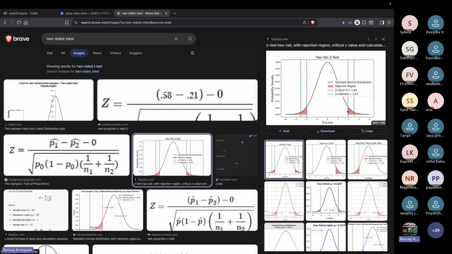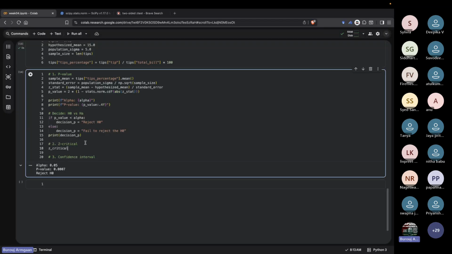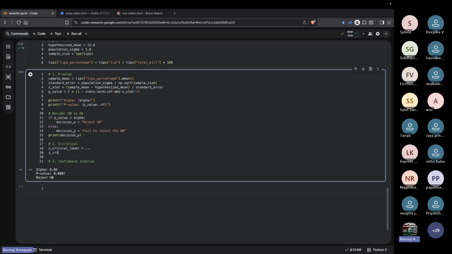You notice that these two blue lines are your two critical values. You need one critical value on the right hand side and one on the left hand side. The alpha that we just computed is this red area on the right hand side and the red area on the left hand side. So we have two critical values this time: z critical lower and z critical upper.